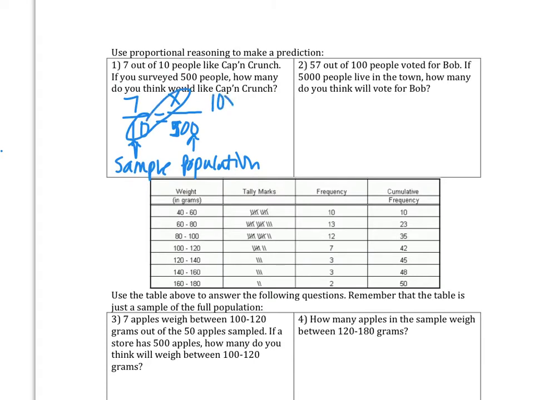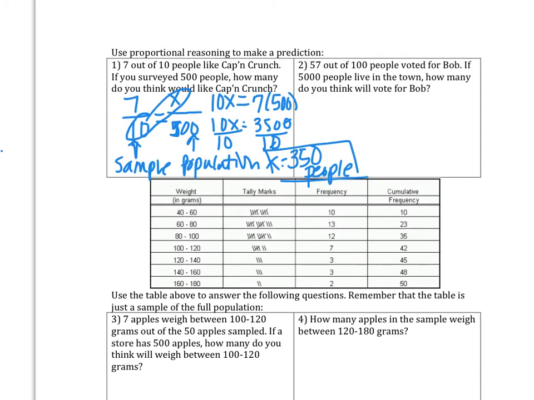We have 10x equals 7 times 500. 10x equals 3,500. Divide both sides by 10. X equals 350. So 350 people out of the 500 will like Captain Crunch, based on the sample that we took of 7 out of 10.